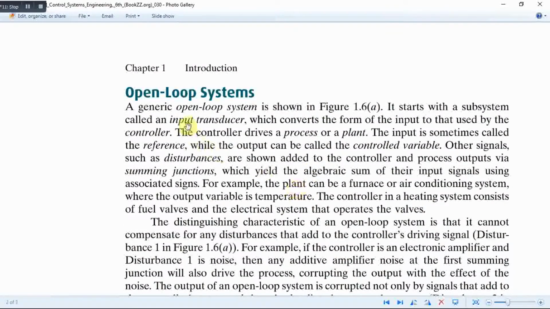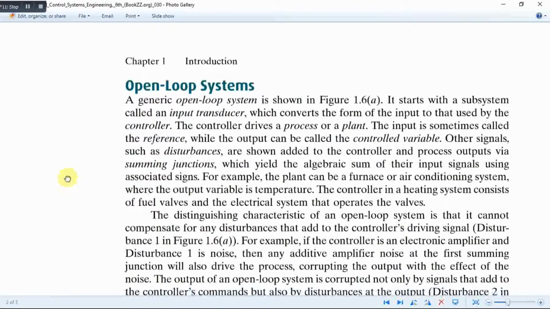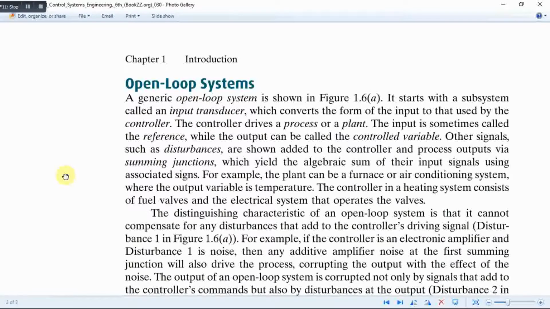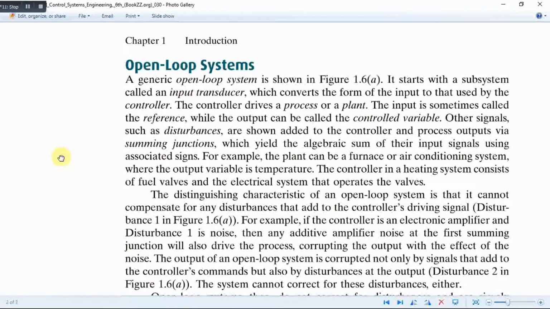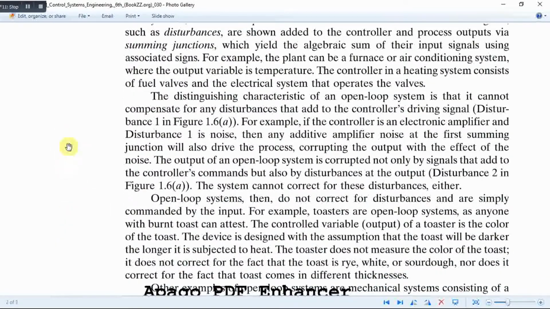A generic open loop system is shown in the figure. It starts with a subsystem called the input transducer, which converts the form of the input to be used by the controller. The controller drives a process or plant. The input is sometimes called the reference, while the output can be called the controlled variable. The distinguishing characteristic of an open loop system is that it cannot compensate for any disturbances that add to the controller's driving signal.